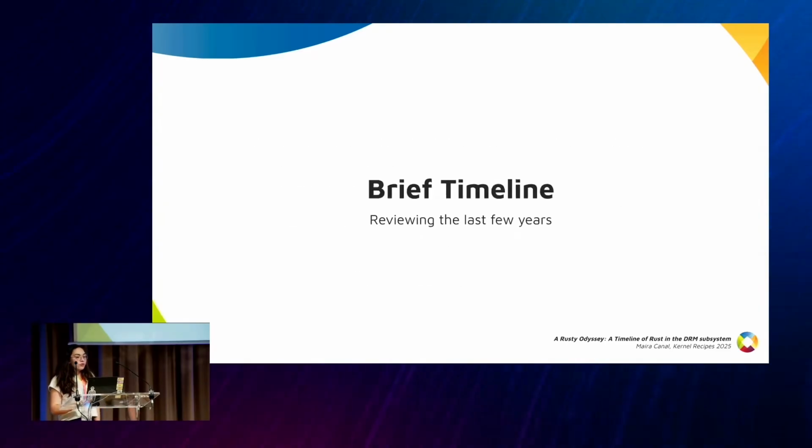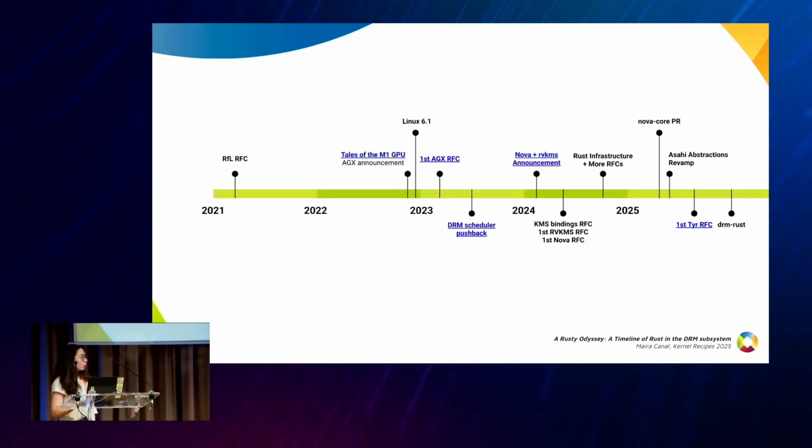So I will start this talk with a brief timeline of what happened in the last few years in the DRM subsystem. I gathered here my personal selection of important events in recent years for the Rust for Linux project in the DRM subsystem, but I also added two important points for the Rust for Linux history as a whole.